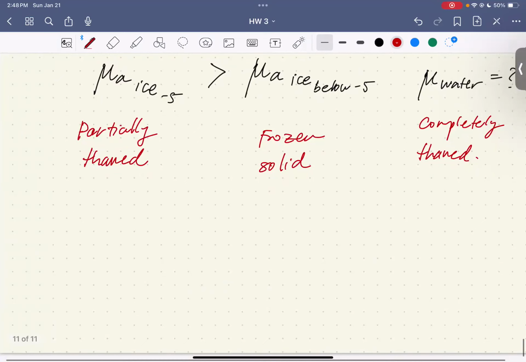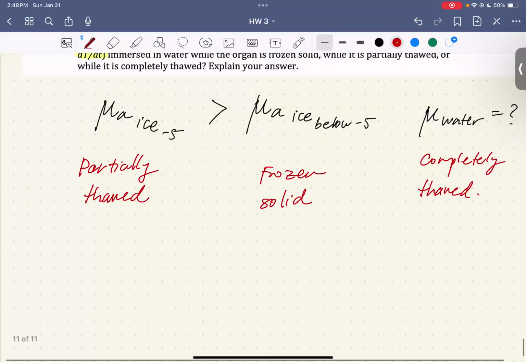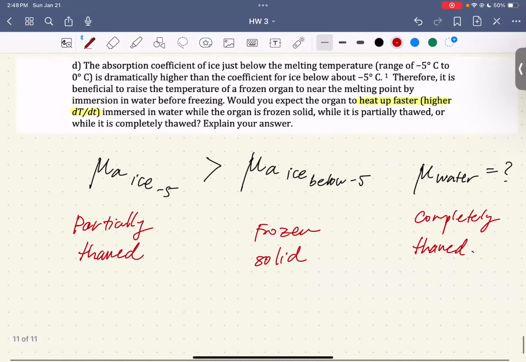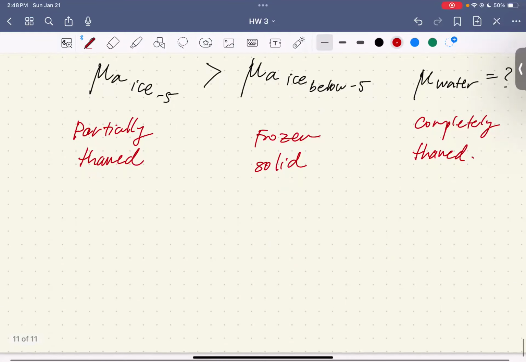What does that actually mean when we're talking about the absorption coefficient, right? And how does this all combine with Cp into something we talked about, thermal diffusivity, right? Thermal diffusivity.